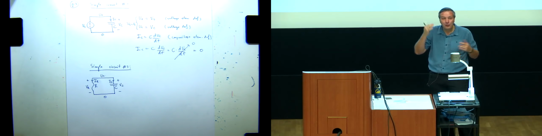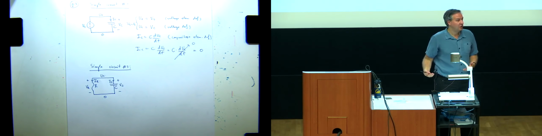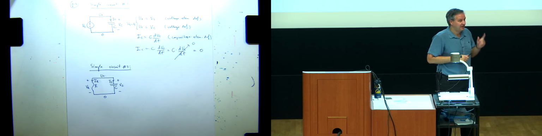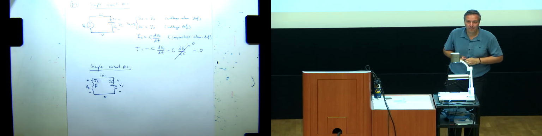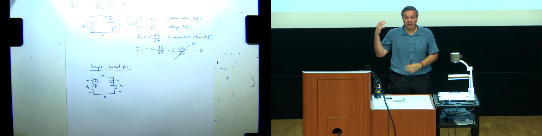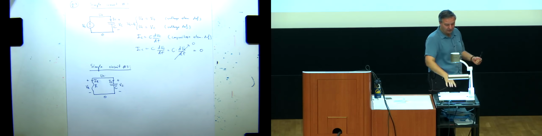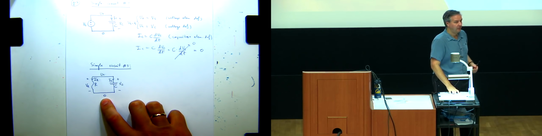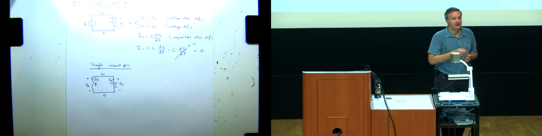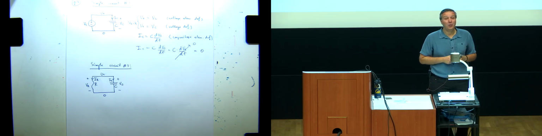Okay, so that's a way to look at it. But how do you know that the charge on a capacitor is 0? Right? That's the question. I can take a capacitor that is pre-charged to some value and I hook it up in this circuit, right? And then what happens? Yes? Yeah, it will discharge.